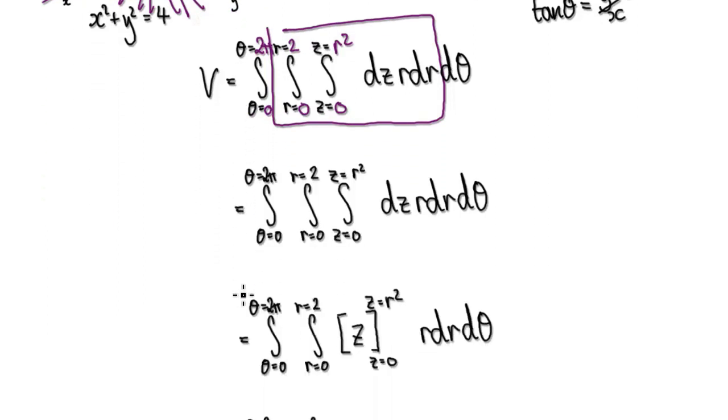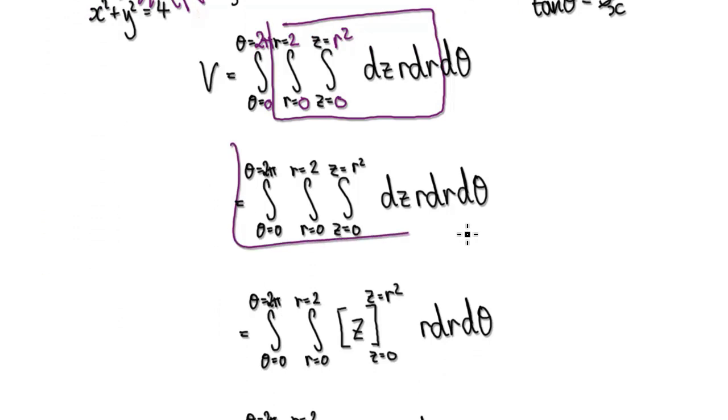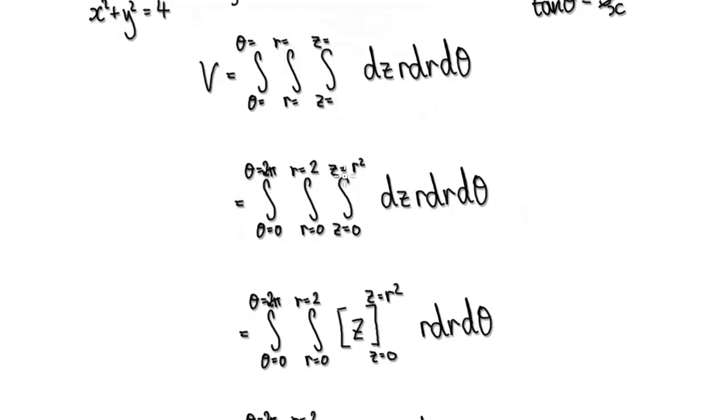So let's integrate. Looking at the inner integral, integrate with respect to z. Remember, there's a 1 here. When you integrate 1 with respect to z, you get z from 0 to r squared.